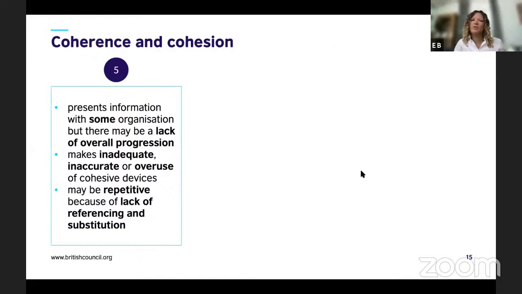So there's no real progression. Again, makes inadequate or inaccurate or potentially overuse of some of these cohesive devices. So there's kind of a disconnect where perhaps the student has learned some of these cohesive devices, such as overall, first and foremost, but it's not quite connecting with the idea that they're expressing.